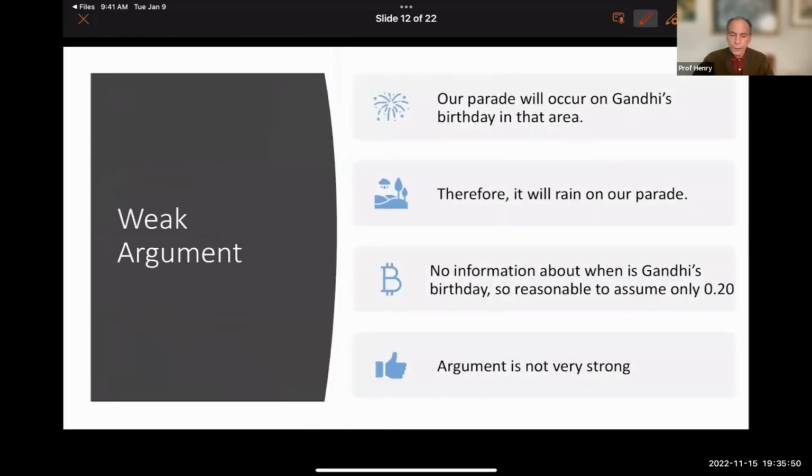So here's a weak argument. Our parade will occur on Gandhi's birthday in the area, therefore it will rain on our parade.